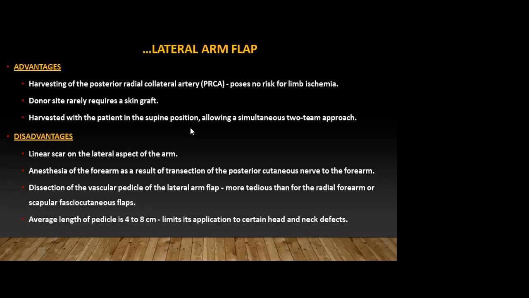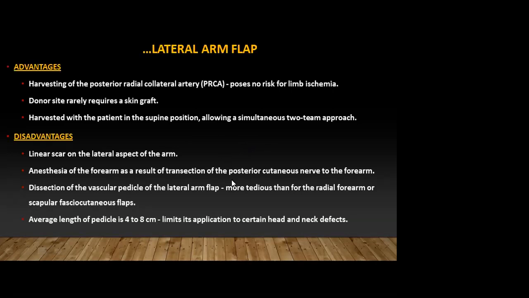This flap can be harvested with the patient in the supine position, allowing a simultaneous two-team approach. The disadvantages of the lateral arm flap are a linear scar on the lateral aspect of the arm, anesthesia of the forearm as a result of transection of the posterior cutaneous nerve of the forearm, and dissection of the vascular pedicle is more tedious than that for the radial forearm or the scapular fasciocutaneous flap.